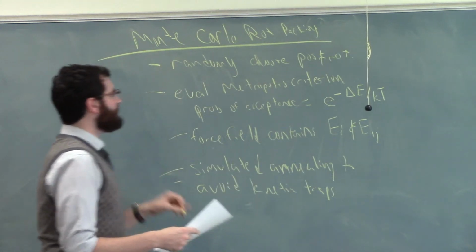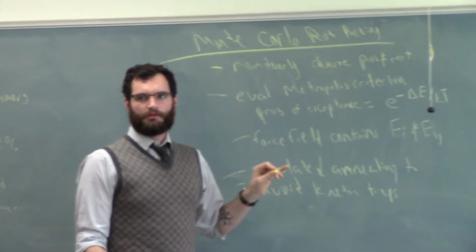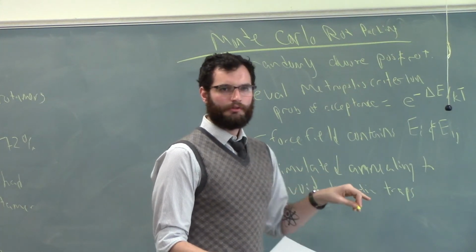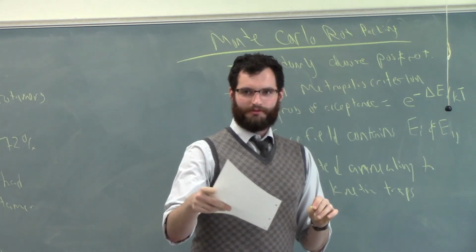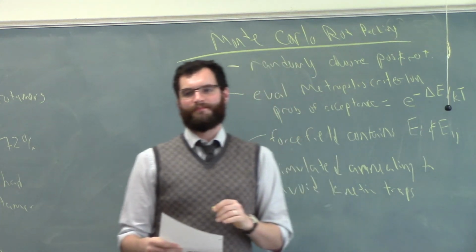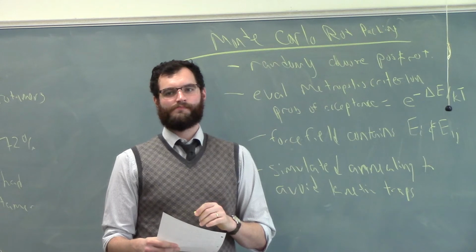Okay, so if we're using a Monte Carlo method, do you think that finding the GMEC, that's the global minimum energy conformation, is guaranteed anymore? Shaking your head no. Why not? Because you're changing the global configuration when you simulate an anneal, for example.